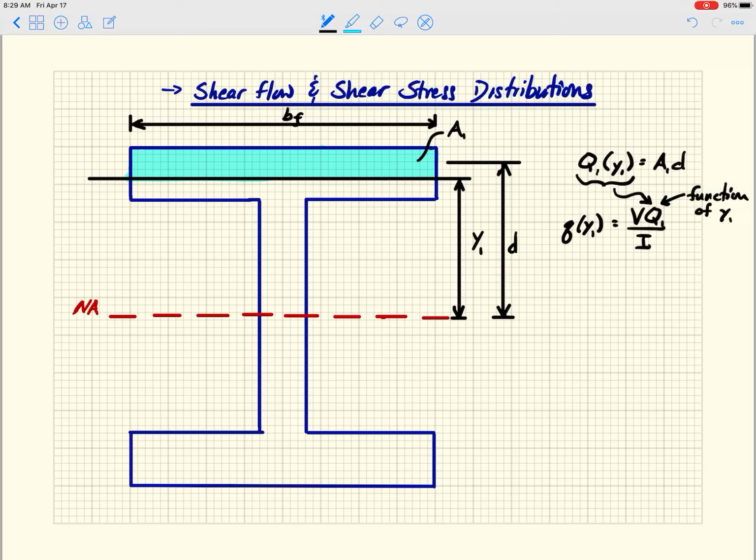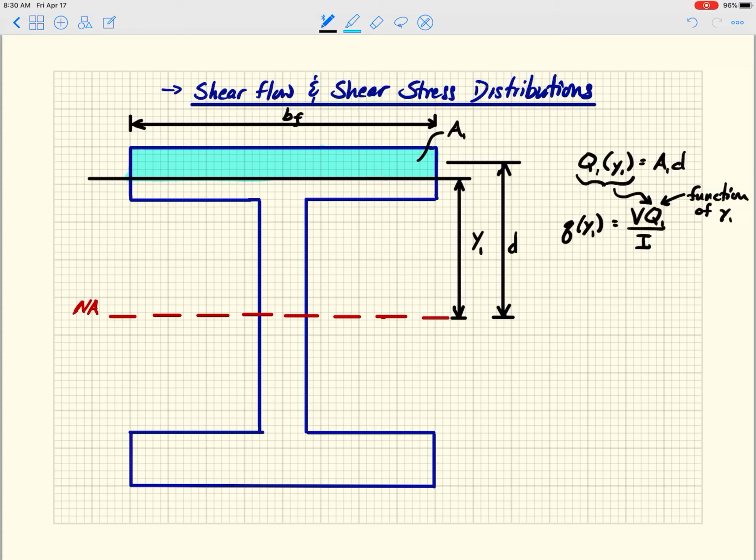So you could see as I take y1, let's say a half inch higher than where it is now, Q is going to drop. Why? Because the area gets smaller and the d increases, but the d doesn't increase by much. So Q gets bigger the closer we get to the neutral axis.